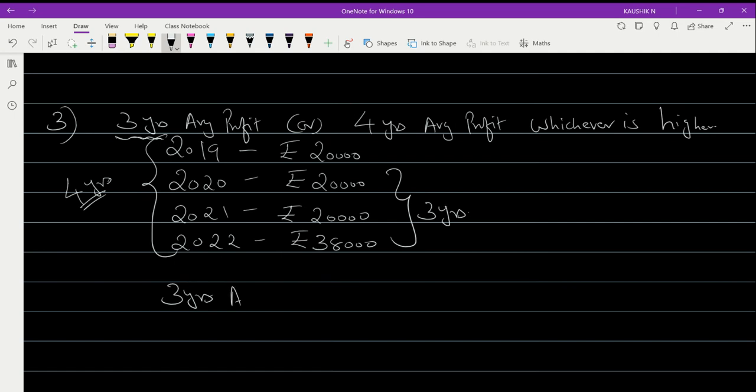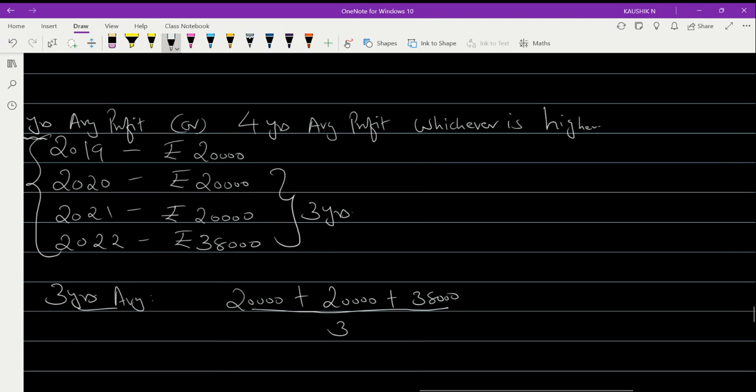3 years average. So I have to take these 3 years: the 2020 value, that is 20,000 rupees, plus another 20,000 rupees plus 38,000 rupees. All these will be divided by 3.